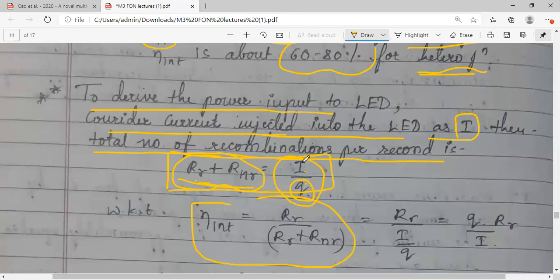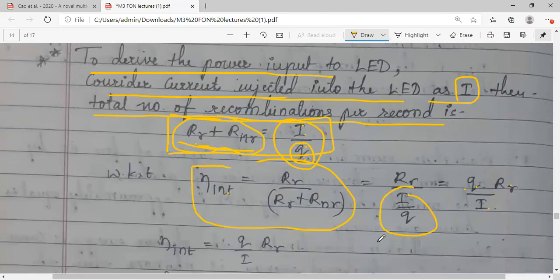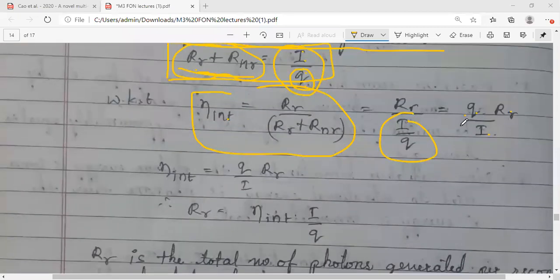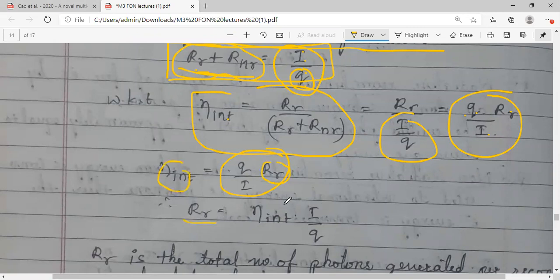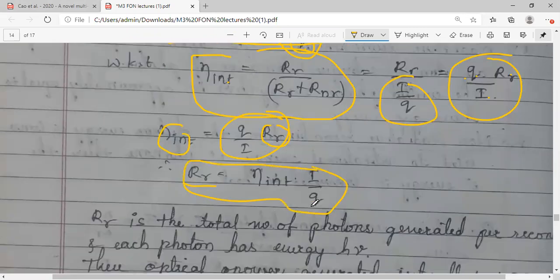Instead of this denominator, I can substitute I by Q. I will get this efficiency as Q into RR divided by I. So this is the equation I got. And finally, from this, the radiative recombination rate RR is equal to efficiency into I by Q.